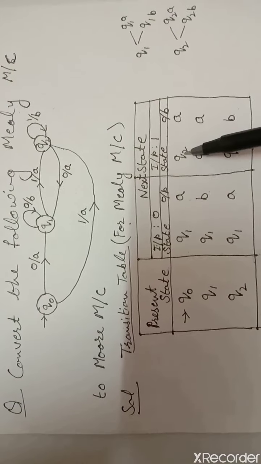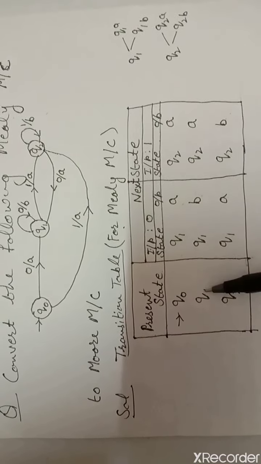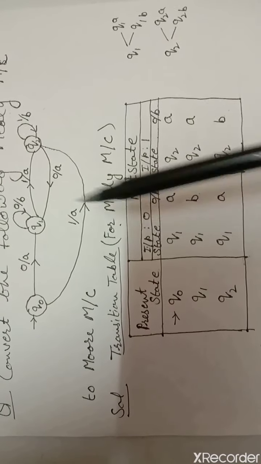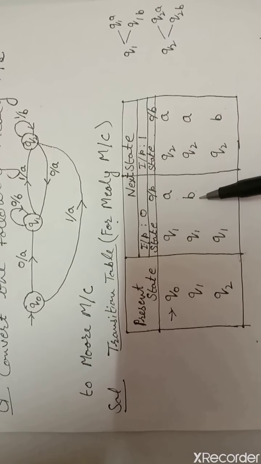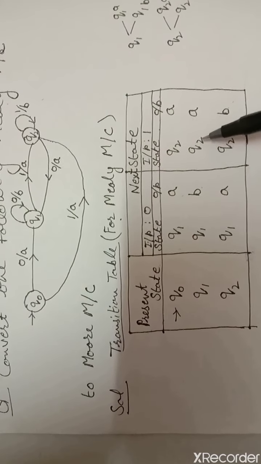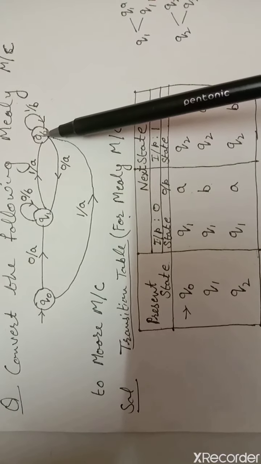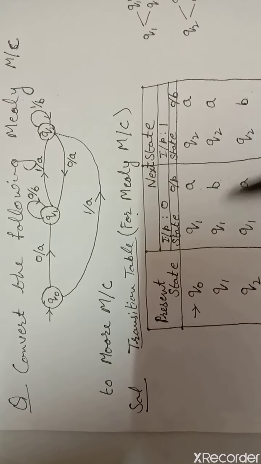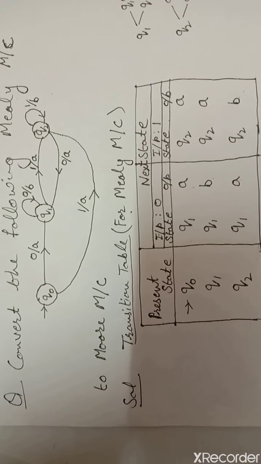So here I have written Q2, producing output A. Similarly, with 0 input, Q1 moves to Q1, producing B as output. Next, with 1 as input, Q1 moves to Q2, producing A as an output. So Q2, A. Similarly, you can complete this transition table.